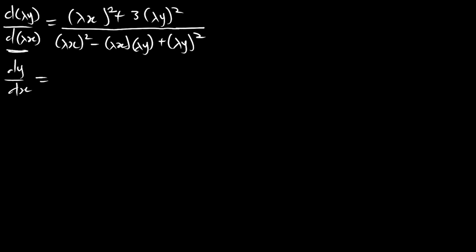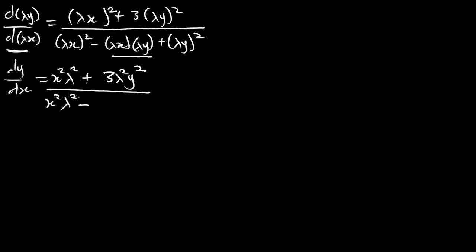So when we expand this, we are going to get x squared lambda squared plus 3 lambda squared y squared this way. And here we are going to get x squared lambda squared minus lambda squared xy plus the same thing, lambda squared y squared.